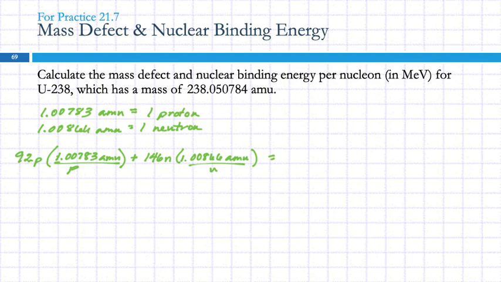Adding that to the 92 protons, that's 239, and let's do 5 decimal places, 98472 atomic mass units. That's the nucleus. So this is the actual mass, which is smaller, because when these protons and neutrons come together, there is that mass defect. It's the nuclear binding energy.